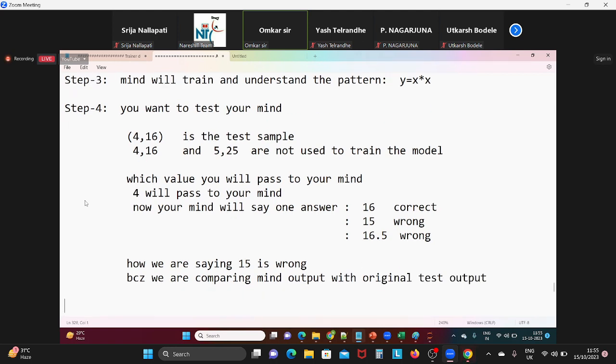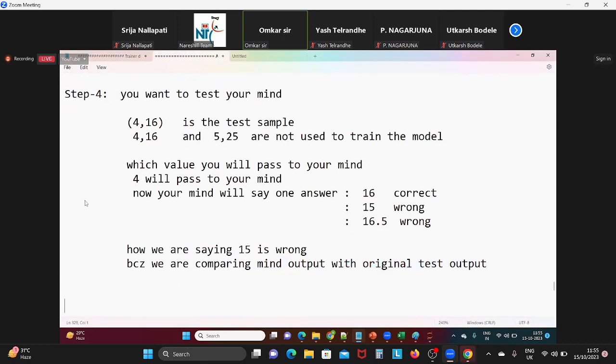Agree with me? Yes or no? Exactly, you need to say like this: mind output with the original test output. We are comparing.